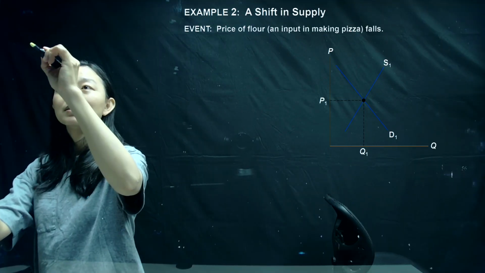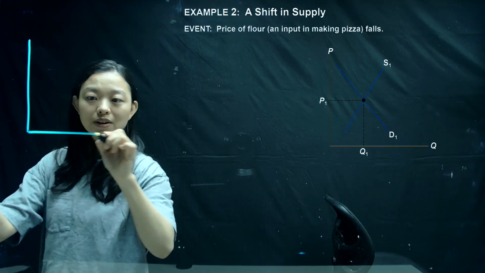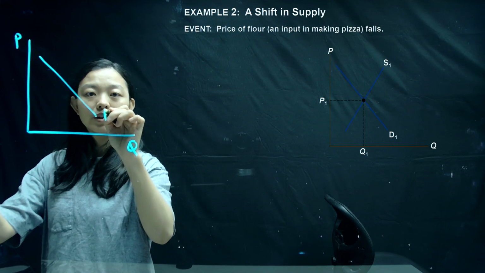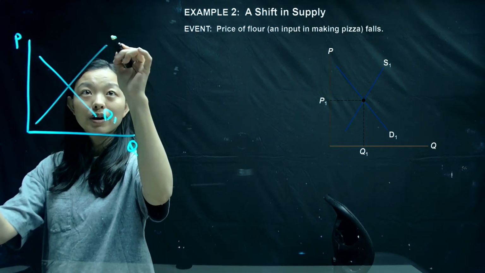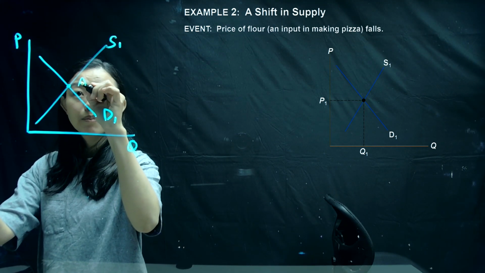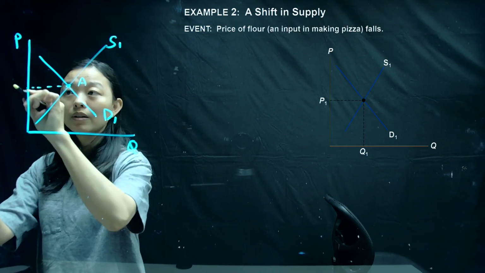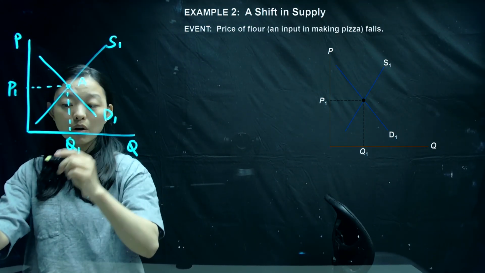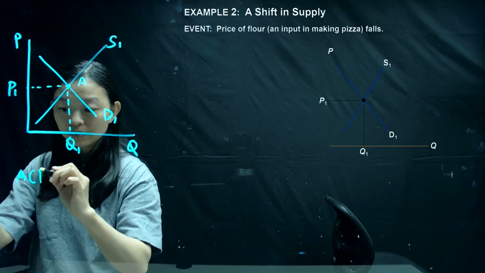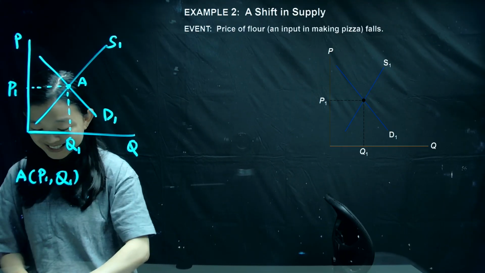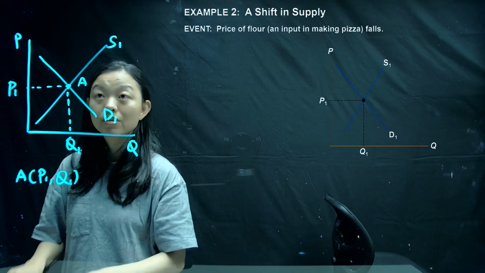Therefore, let me analyze this event. P, Q, originally demand curve, supply curve. And this is the original equilibrium point. I mark it as point A, P1, Q1. So our original equilibrium point is P1, Q1. Now, cost decreases, what happens?